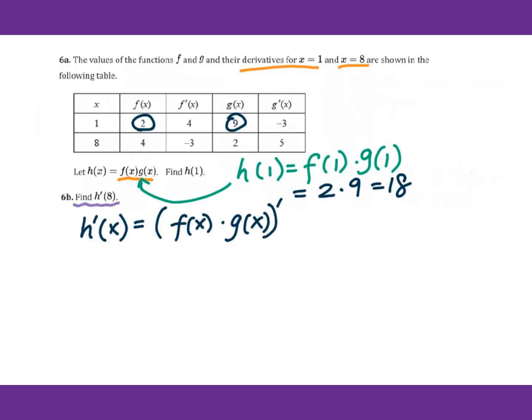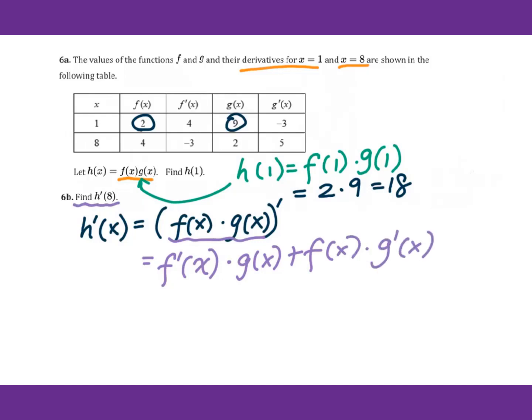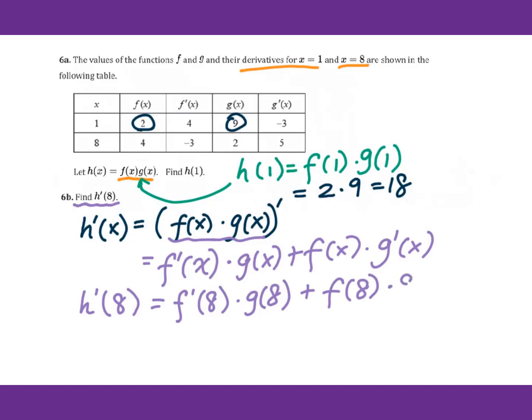We have to use the product rule to work this out. You will get the derivative of f of x times g of x plus f of x times the derivative of g of x. So we plug in: derivative of h of 8 equals derivative of f of 8 times g of 8 plus f of 8 times the derivative of g of 8.